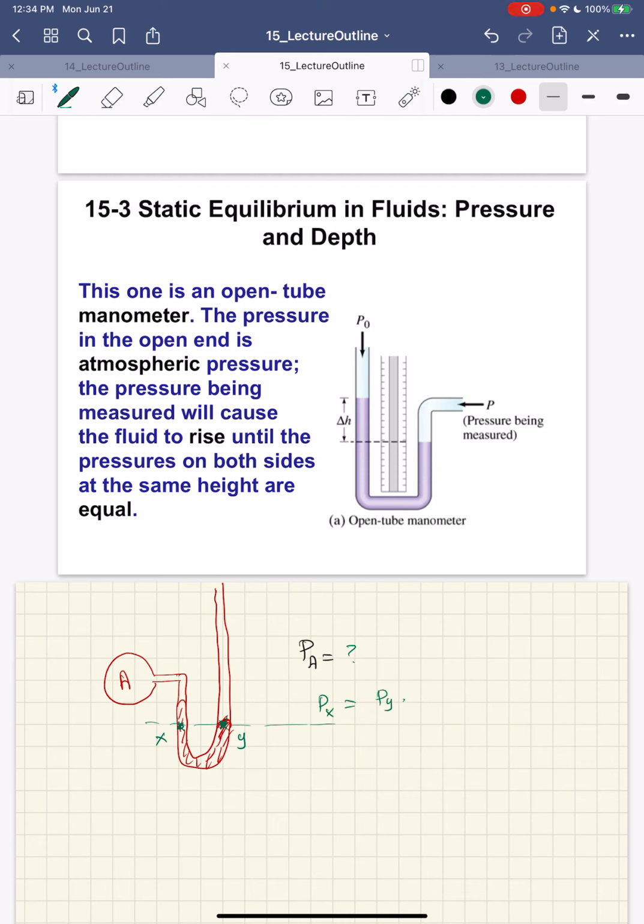You can equally use P0, 1.01 times 10 to the 5. And that equals the density of alcohol, the one that I'm using, times 9.8 times h. Again, g is going to cancel from both sides. When I run the calculation, h is going to be 12.8 meters.